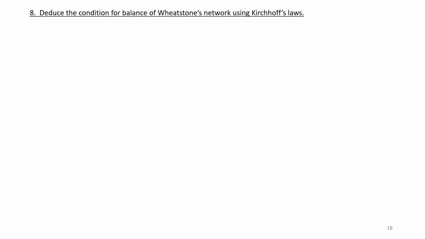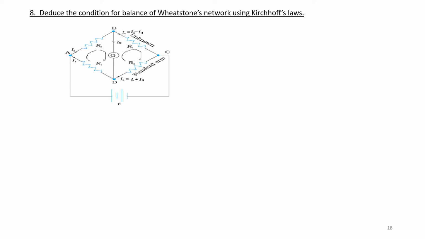Next question: deduce the condition for balance of a Wheatstone network using Kirchhoff's law. This is the Wheatstone bridge. There are four terminals A, B, C, D, and a battery or cell voltage source is connected between A and C as shown. R1 is between A and D, R2 is between A and B, and between B and C is R4.